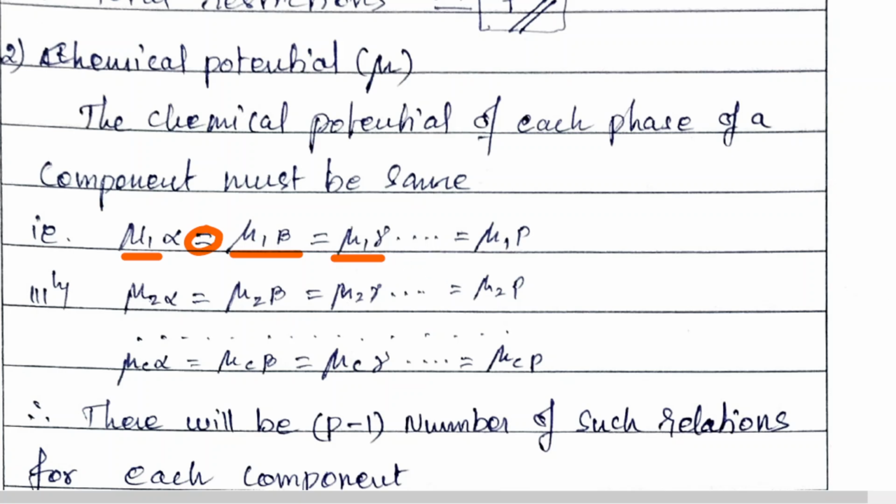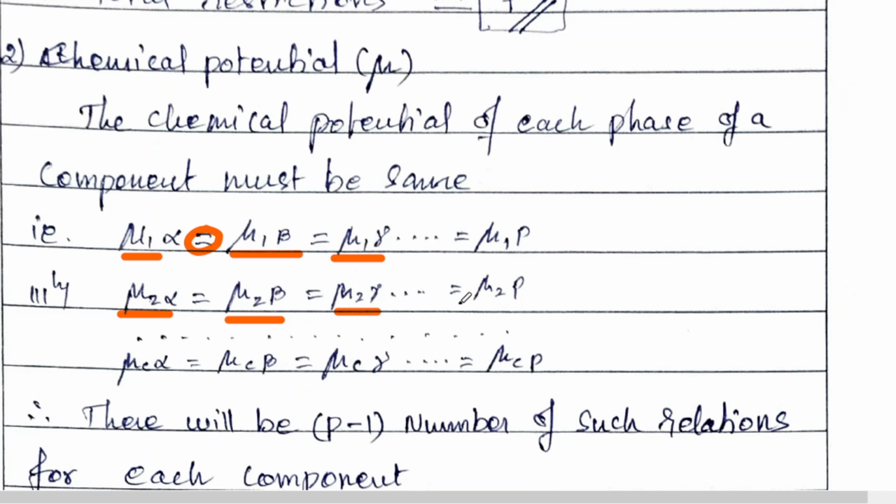Similarly, for the second component, the alpha phase chemical potential and the beta phase chemical potential are equal, and that is equal to the gamma phase.